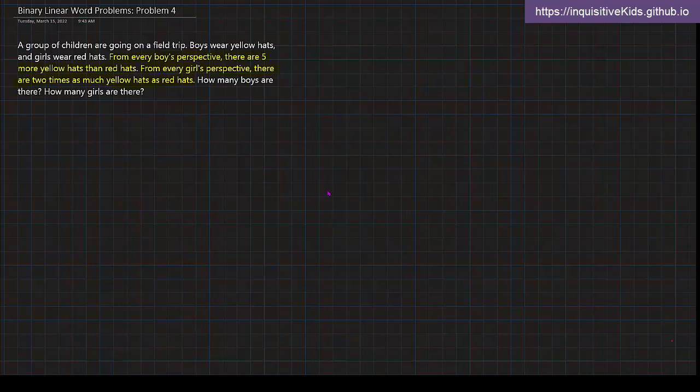Now, this next 2 sentences: from every boy's perspective, from every girl's perspective. If you're wearing a hat on your head, you can't really look at your head, right? Unless your eyes are somewhere on your head, but I don't think that's very realistic.